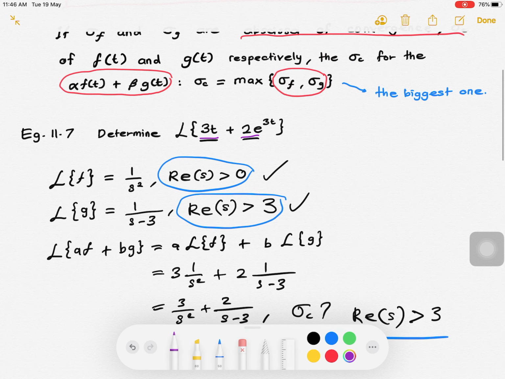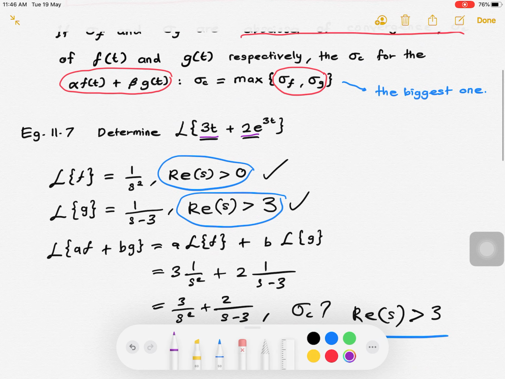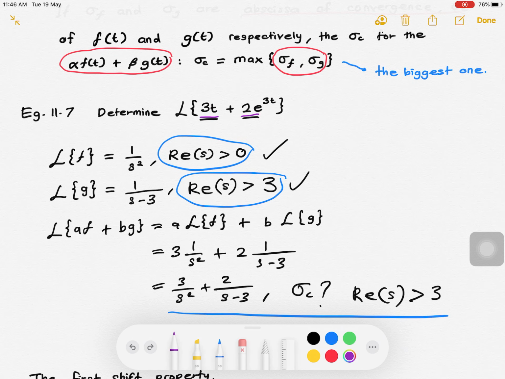So we transform the first one, 3t. For t, we consider t. So this is the solution. For e power of 3t, this is the solution. And these are the conditions.